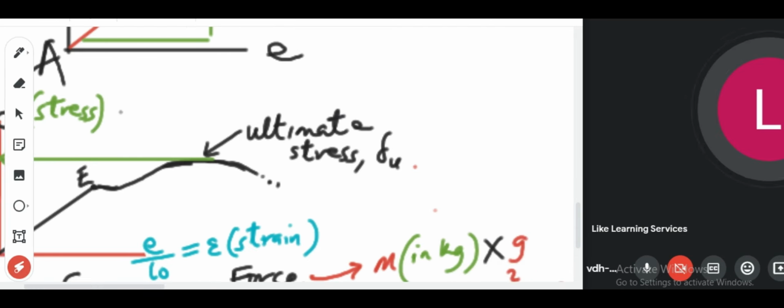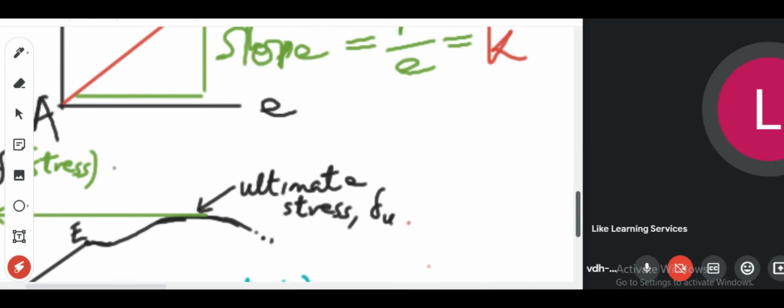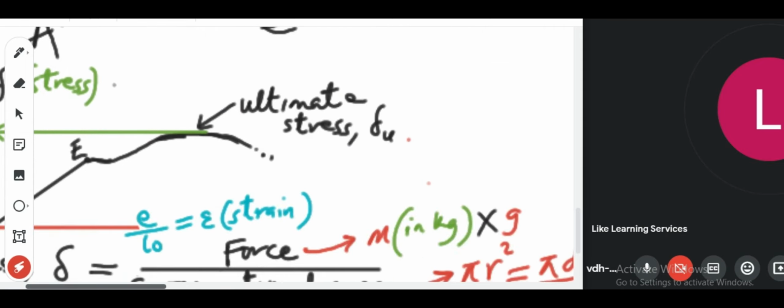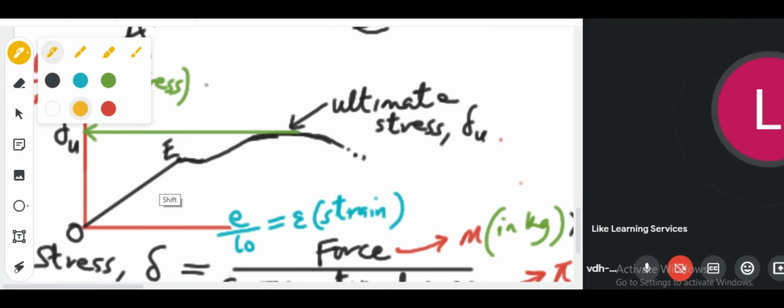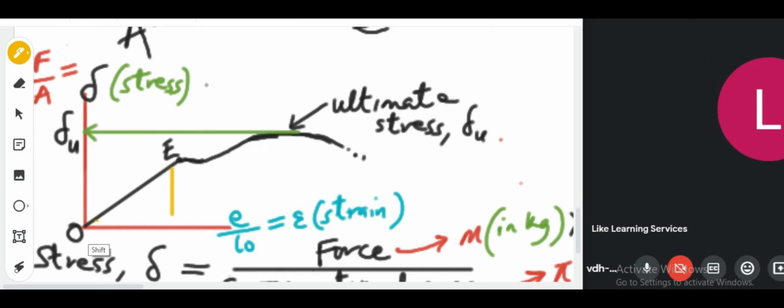We can analyze this further to obtain another quantity. If we take the slope of this graph, which I'm going to show like this, the slope is stress divided by strain.